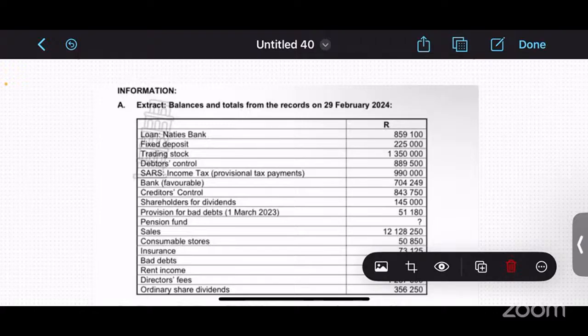Shareholders for dividends, ordinary share dividends. Yeah, that's it, ma'am. That's it.